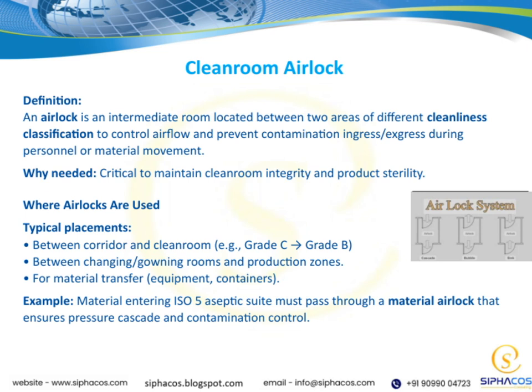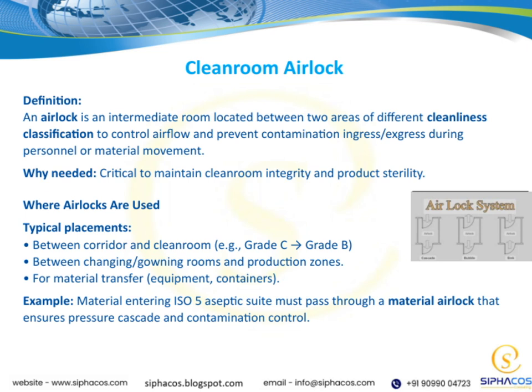Now, where do we typically find airlocks in practice? Common placements include between a corridor and a cleanroom, such as when moving from a grade C to a grade B environment, or between changing or gowning rooms and the actual production zones. They are also crucial for material transfer. Think of moving equipment or containers into a sterile area.